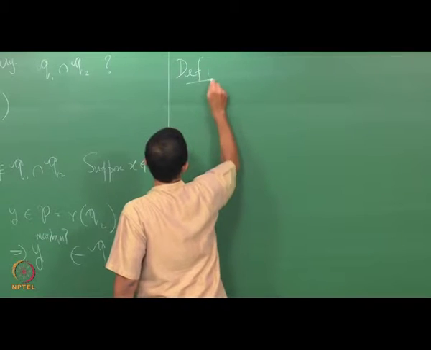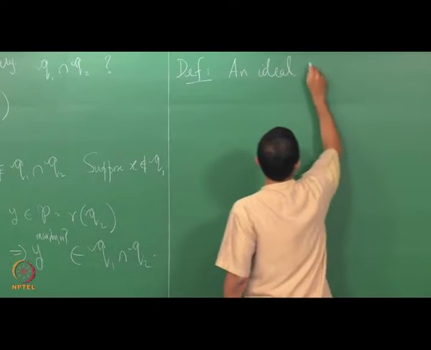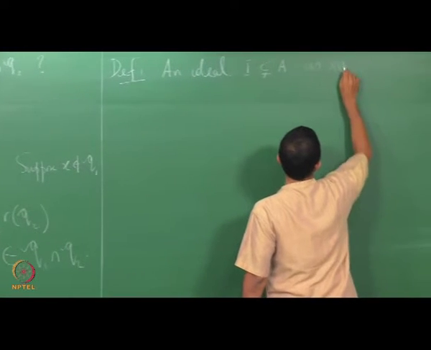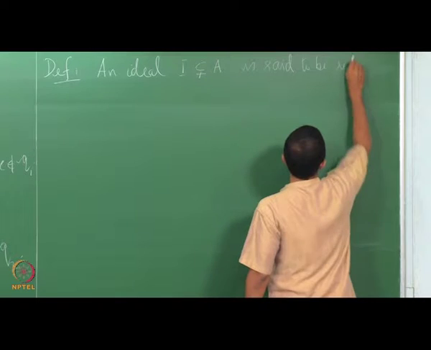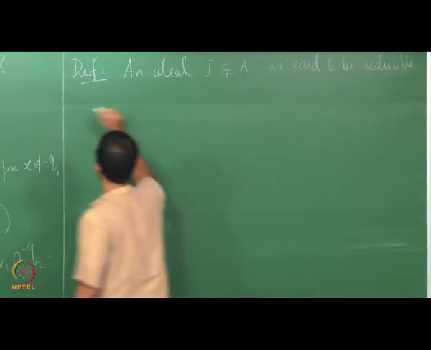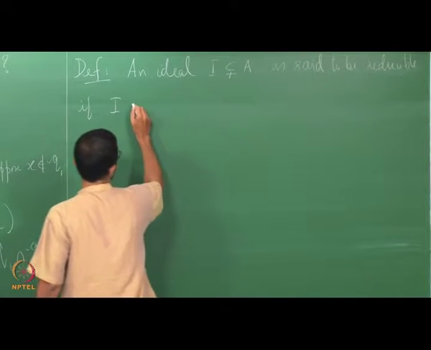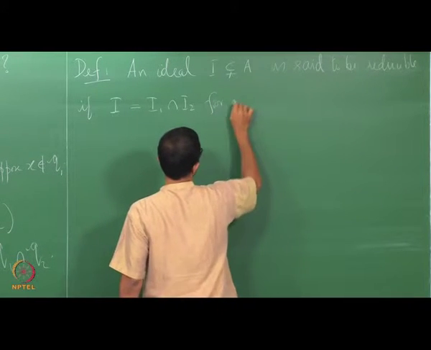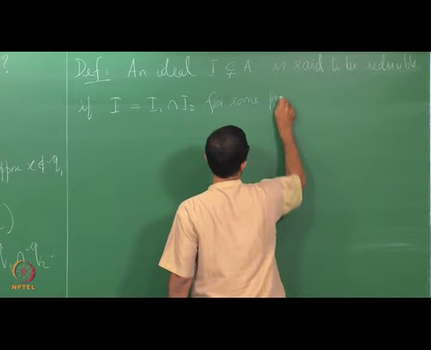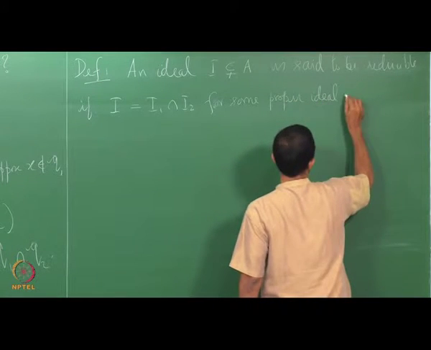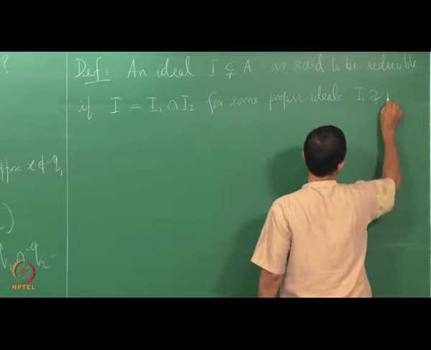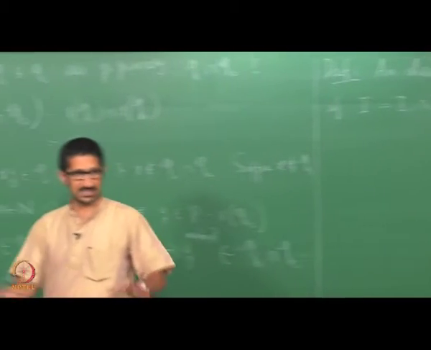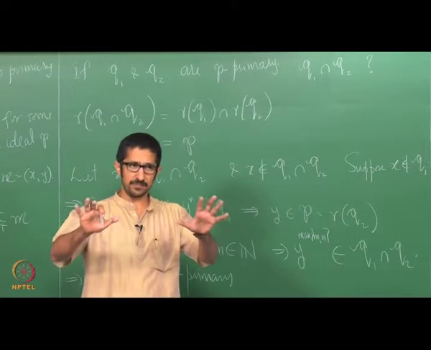So a proper ideal I is said to be reducible if I is equal to I1 intersection I2 for some proper ideals I1 properly containing I and I2 properly containing I. That means it is the intersection of two bigger proper ideals.